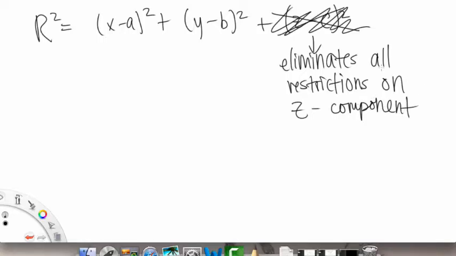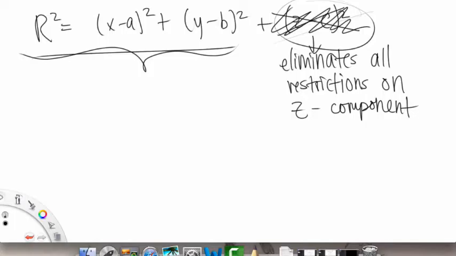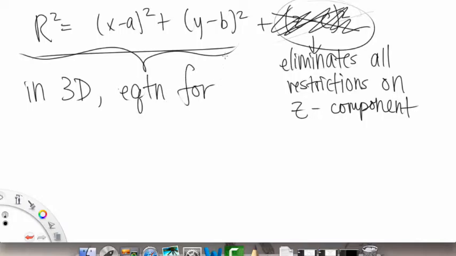All right. So what we're going to end up with is just this equation here: r squared equals (x minus a) squared plus (y minus b) squared. So in 3 dimensions, even though we don't have this z component, no restrictions on the z anymore, what this is actually, in 3D space, represents the equation for what's called a right circular cylinder.